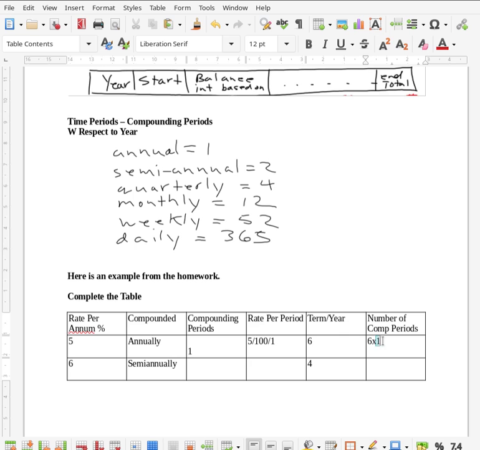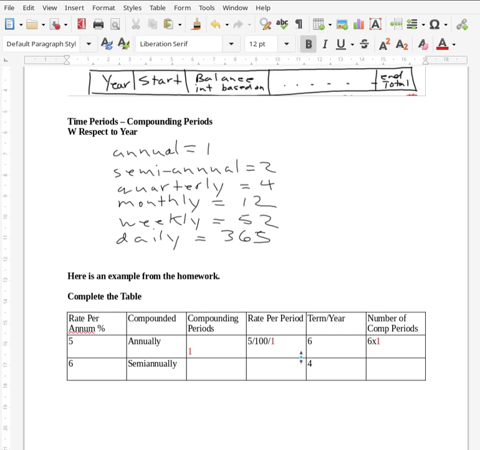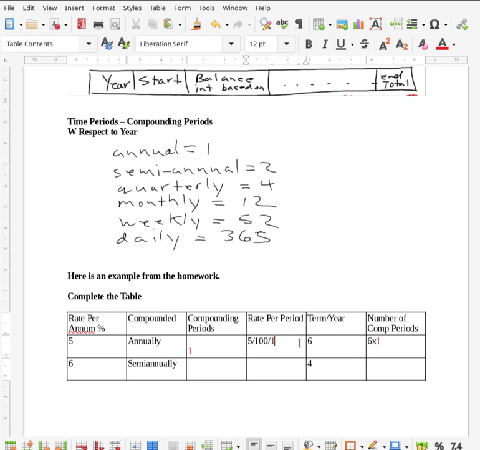So the key idea is to remember that the numbers are used to either multiply or divide our period numbers. The rate per period is, in this case, 0.05, and the number of compounding periods, the amount of times our money keeps increasing by that percentage, is always going to be 6 times the number of compounding periods.